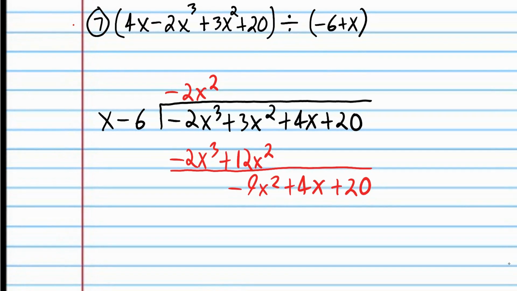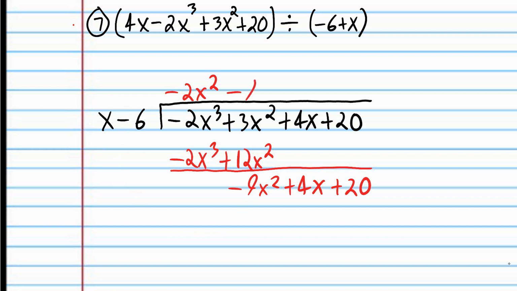Now we move on to cycle number 2, step 1. Again, look at the first term and the divisor and ask, what do you multiply that term by to get negative 9x squared? It's always the same 3 steps in every cycle. The same 3 steps over and over again. So what do you multiply x by to get negative 9x squared?